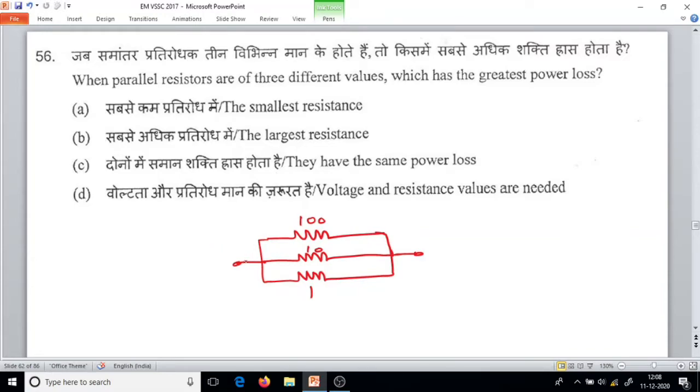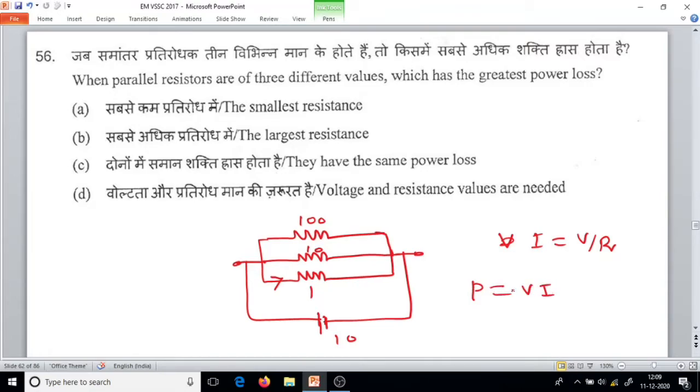Across this we have a 10-volt battery. Now maximum current will flow through which resistor according to Ohm's law? I equals V by R. So the maximum current will flow through the 1 ohm resistor, that is the lowest value resistor. Power equals V into I. So the maximum power dissipation will happen in the 1 ohm resistor, that is the smallest resistance.